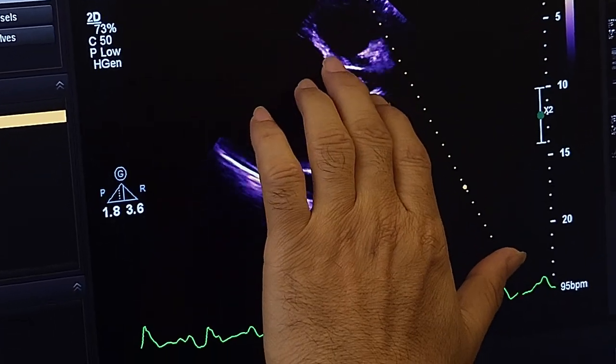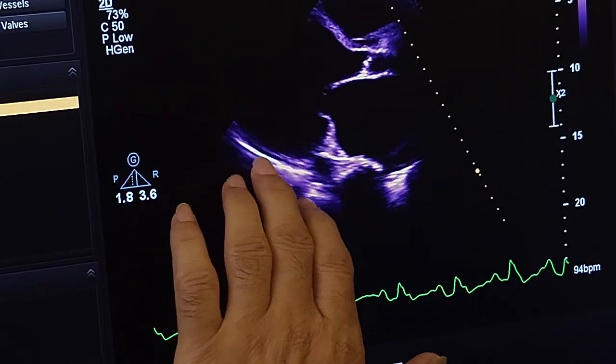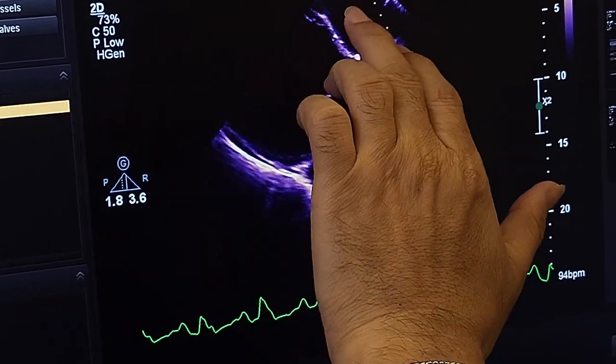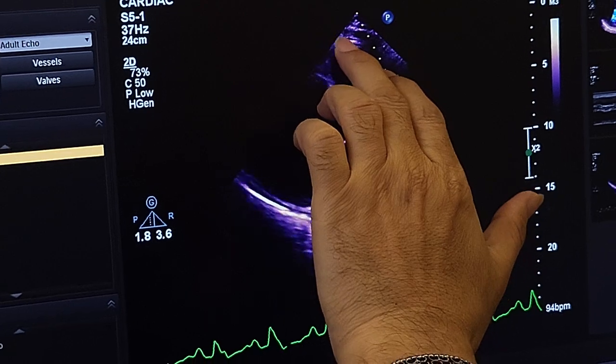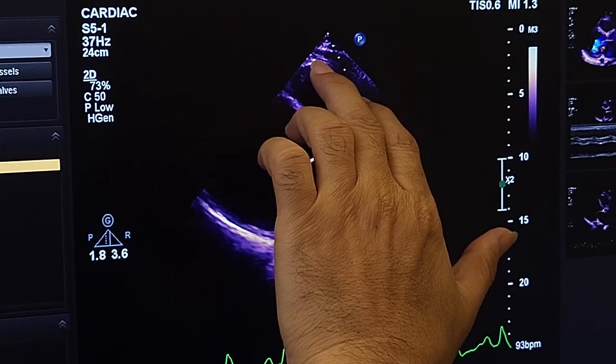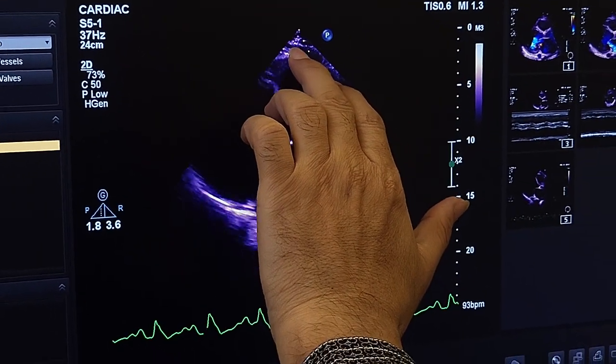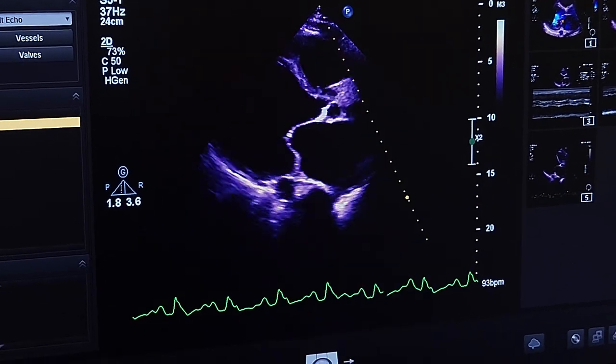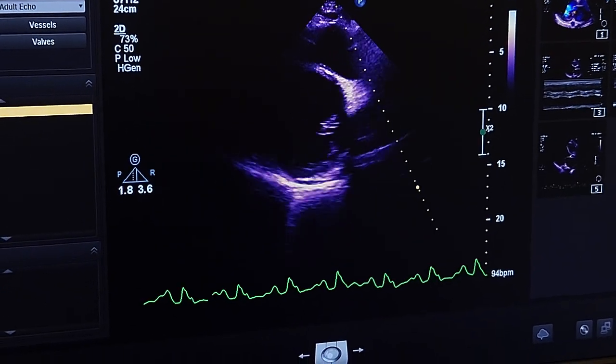If you consider LV, then interventricular septum, and there is a posterior inferior wall. There is a right ventricle and right ventricular free wall, and this is the epicardial fat, and this is the pericardial fat, small amount.